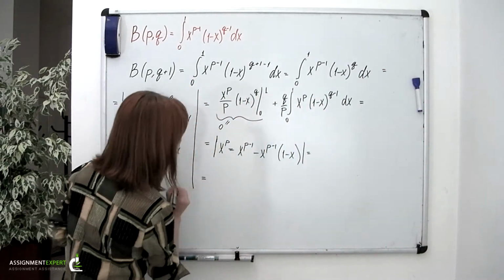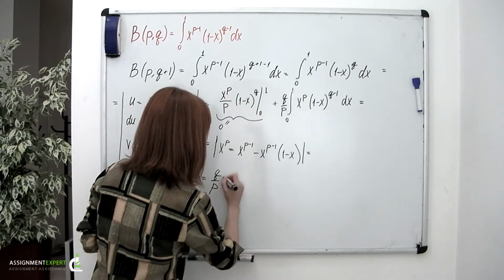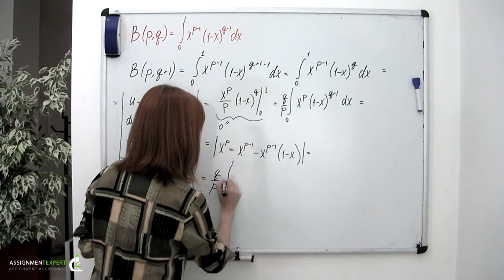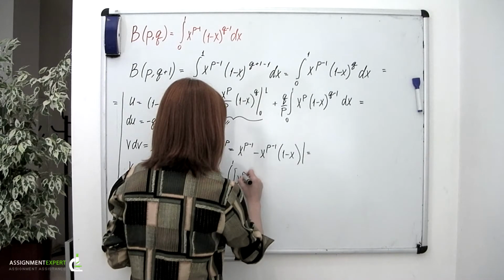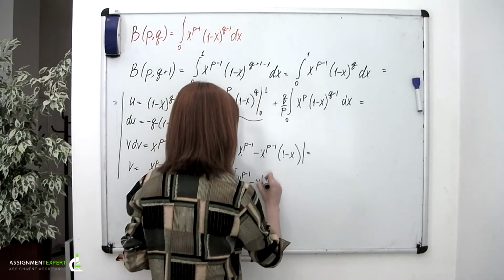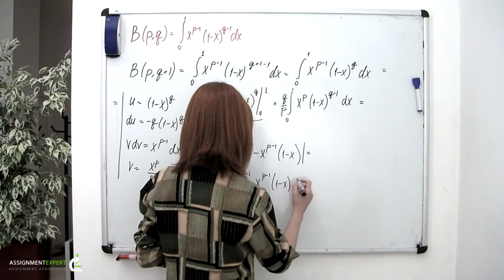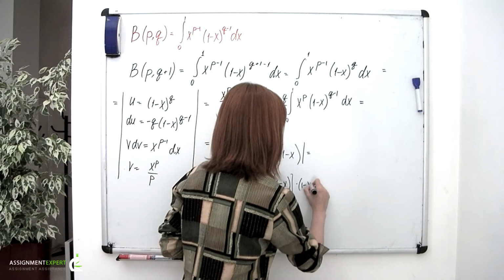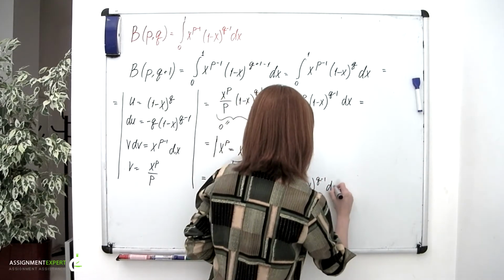We'll obtain q over p times the integral from 0 to 1 of x to the p minus 1 minus x to the p minus 1 times 1 minus x, times 1 minus x to the q minus 1 dx.